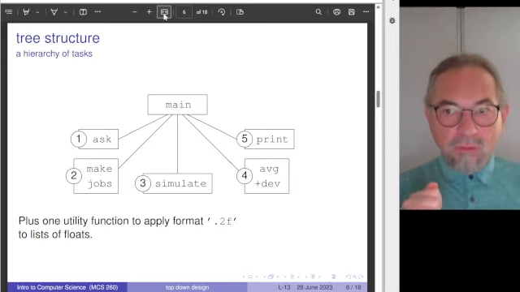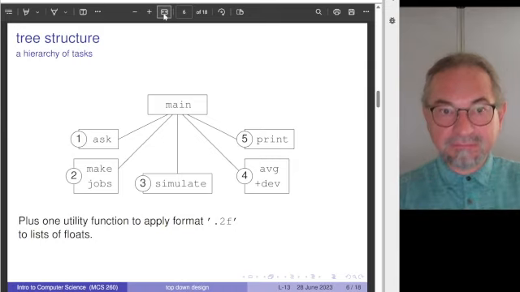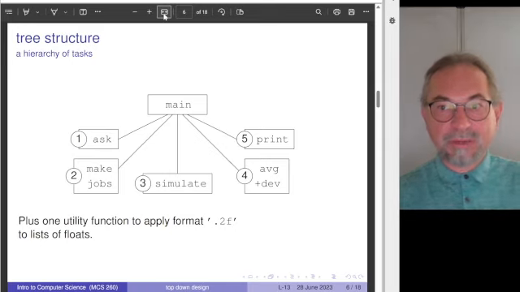The central motivation, as far as I'm concerned, in introducing functions is that you can separate the complexity of a program into different functions.